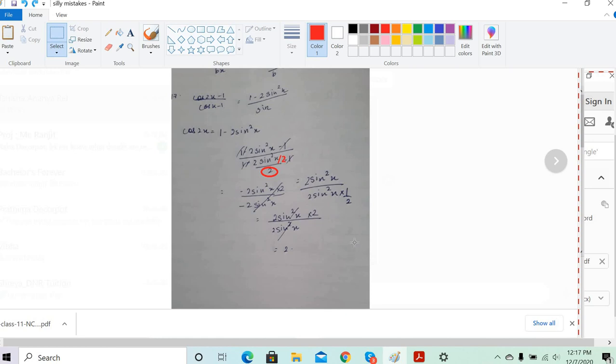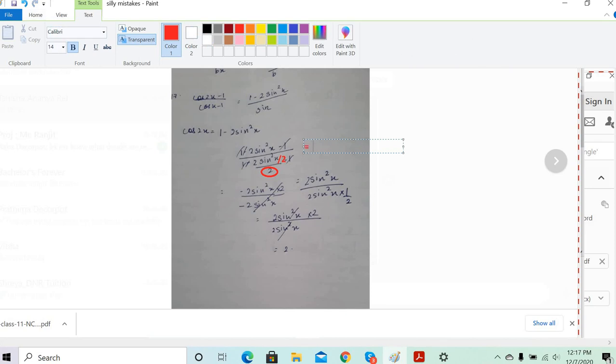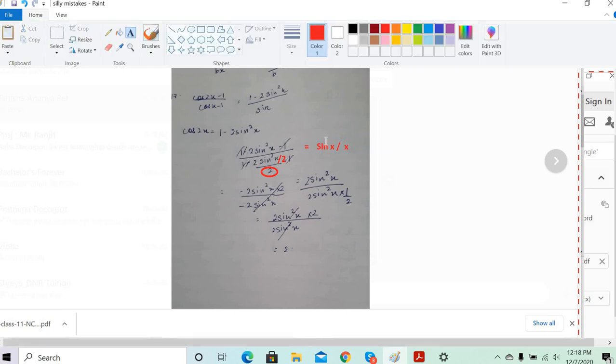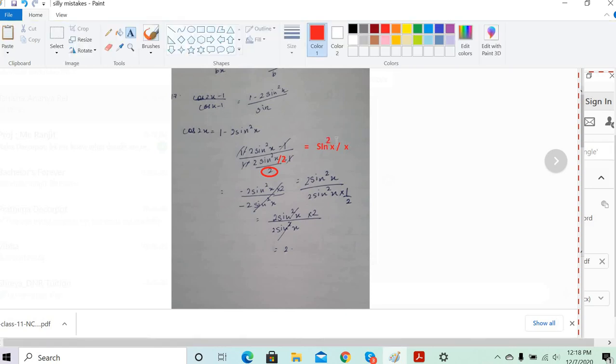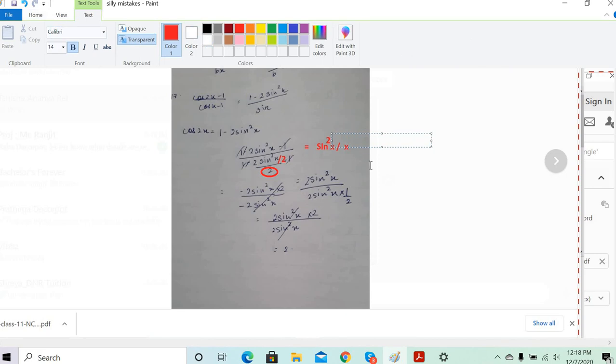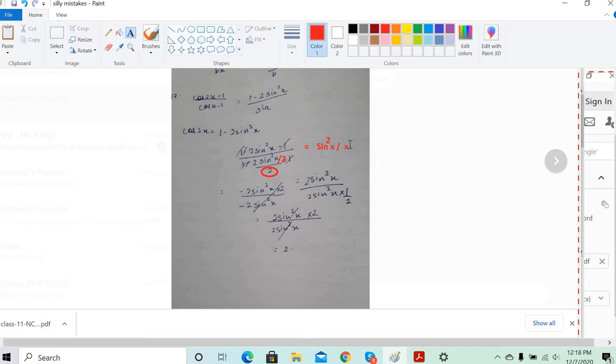Then you need to apply the limit as the 2 gets cancelled, and you need to apply sine x by x entire whole square. So basically this is sine square x, no? So again the denominator also should be squared, then you can apply the formula.